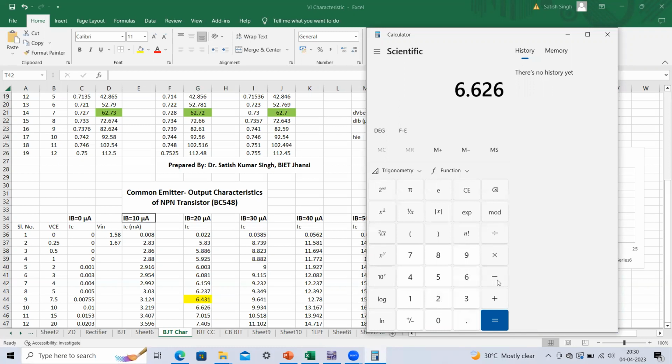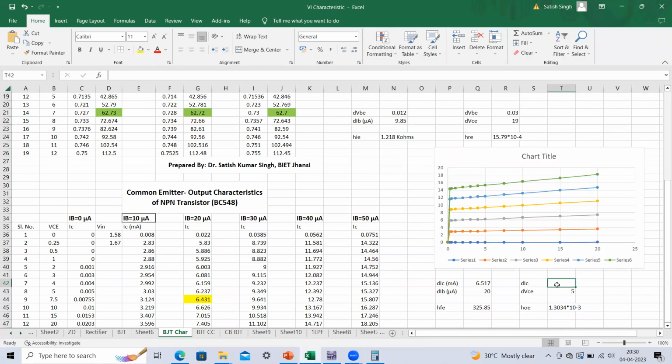Remember that we have to calculate this delta IC corresponding to a constant value of IB. This value is coming out as 0.389, and then you can substitute 0.389 milliamperes, you remember.